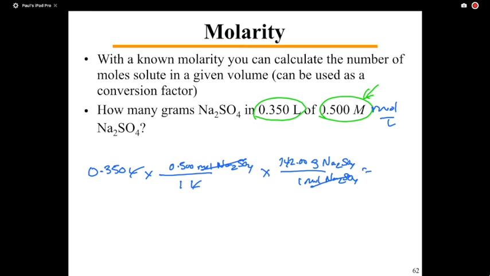Moles now are canceled out, liters are canceled out, I am left with grams. Molarity can be used as a conversion factor. That is a lot of times how we're going to use molarity. We will then learn one other way we're going to use molarity, and that's in dilutions, of which you actually did in lab. So we're just going to teach you what you did in lab so that you understood what you did in lab before.